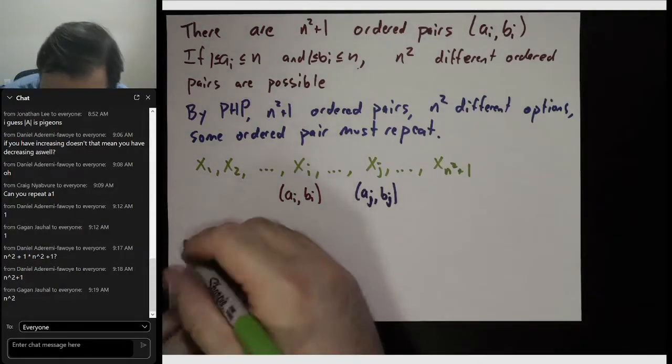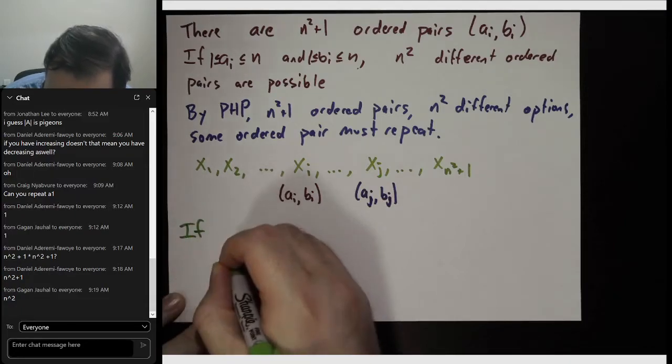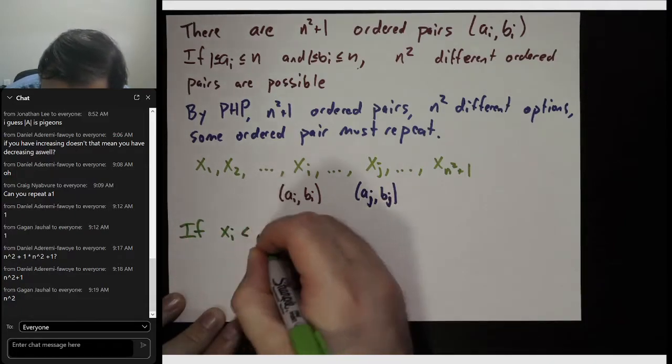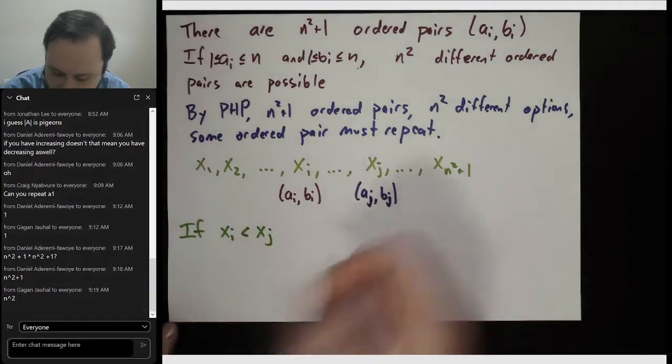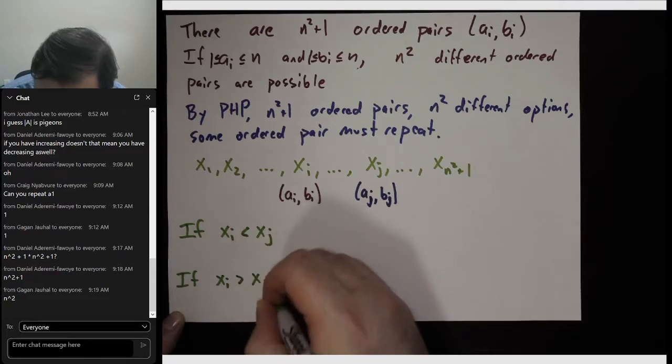Because these are all different numbers, I've got two cases to consider. One is if x sub i is smaller than x sub j, and the other one is if x sub i is bigger than x sub j.